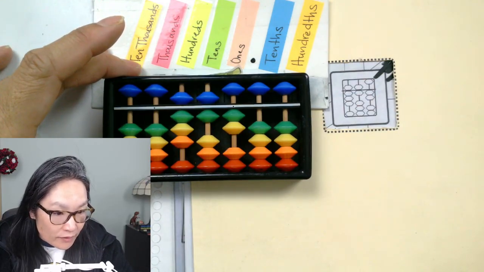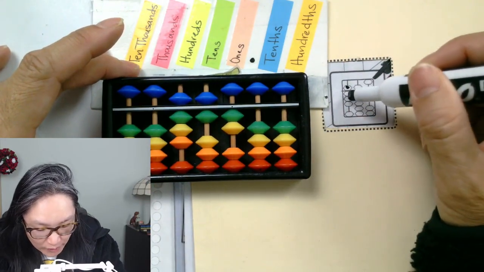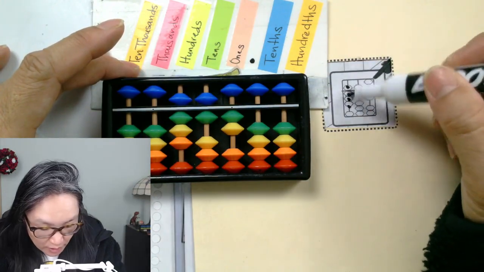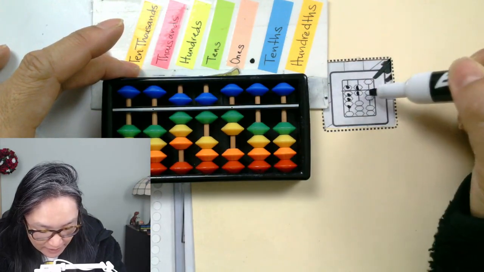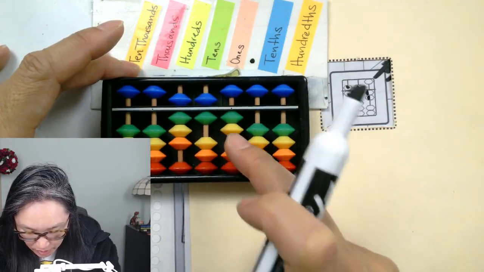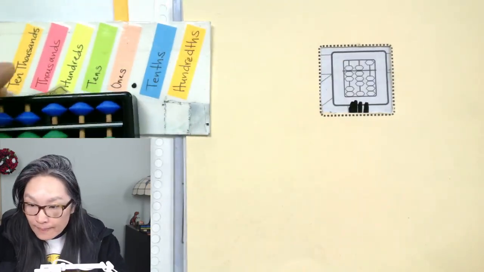Once we learn how to read the numbers, then we can do adding, subtraction, multiplication, division. So this is 8, 5, 6, and then this is 2. 862. Yeah, perfect. So now we go here.